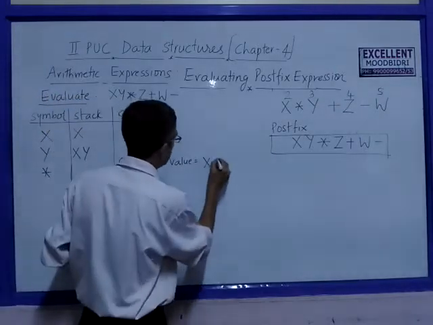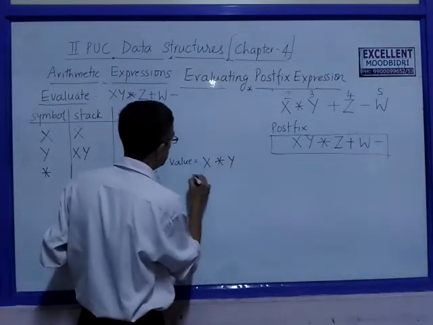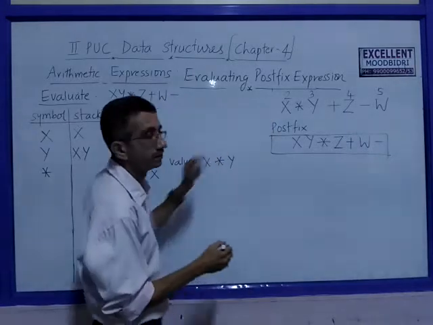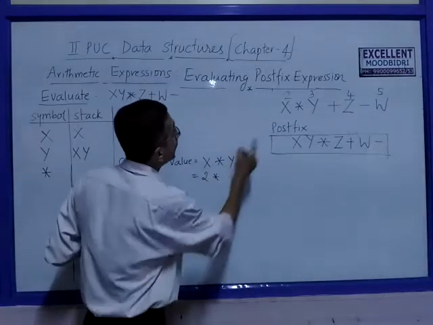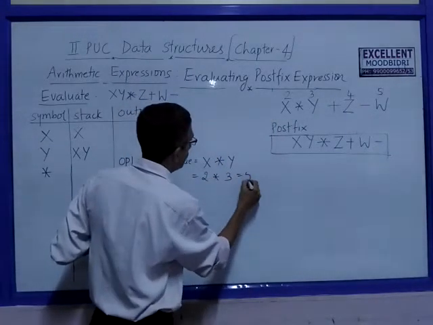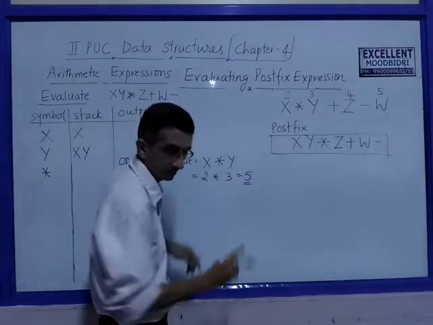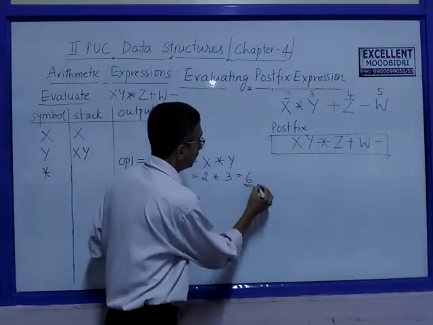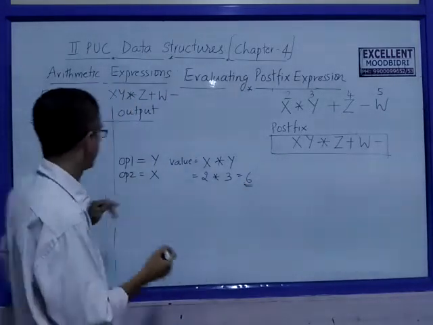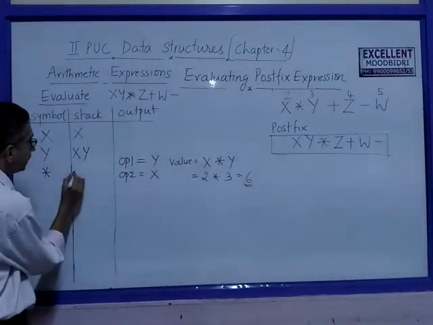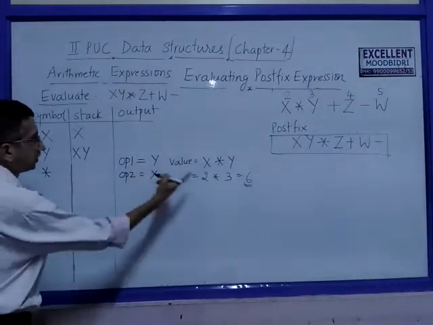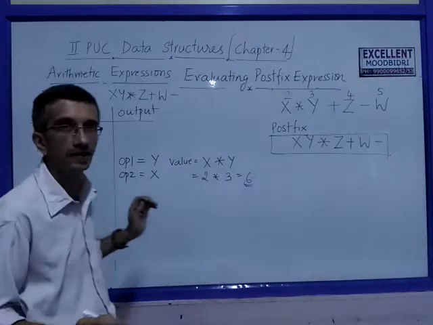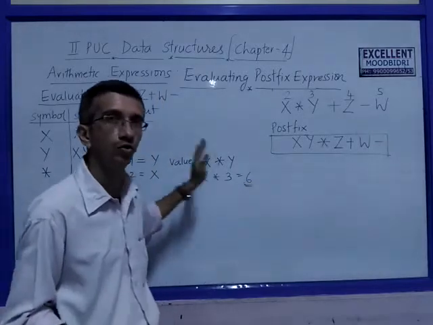Operand 2 is x, symbol is star, y is equal to, suppose x is 2, y is 3, 2 star 3 is equal to 6. The value is 6. X 2 into 3, 6. The value 6 you push onto the stack. So here both are popped. The stack is empty. Push the value 6 onto the stack.